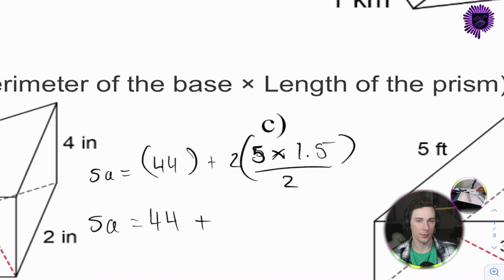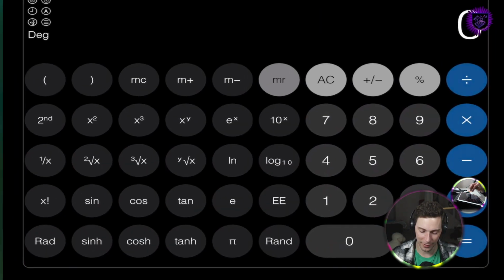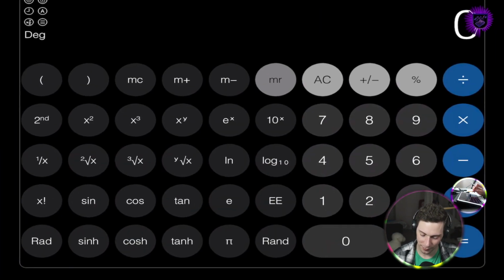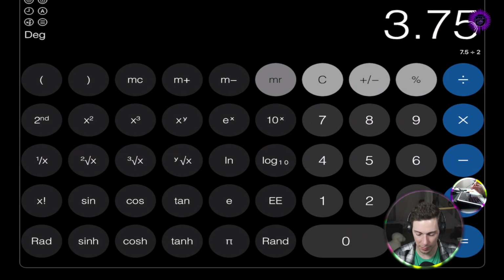What the? All right. 5 times 1.5 is 7.5. Divided by 2 equals 3.75. Times 2 is just going back to 7.5.